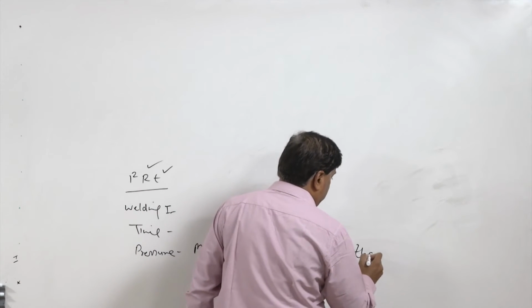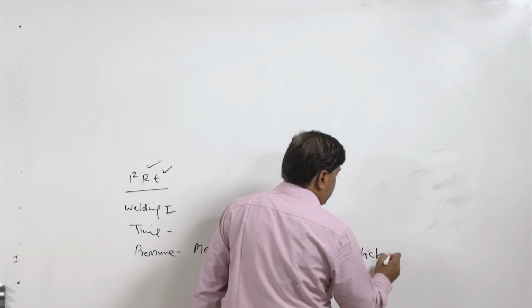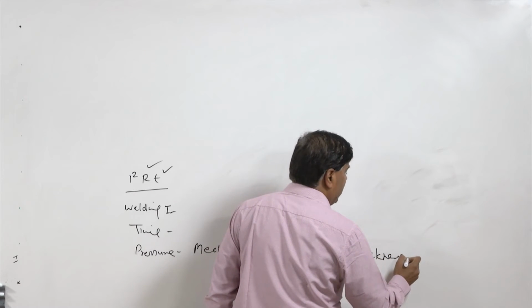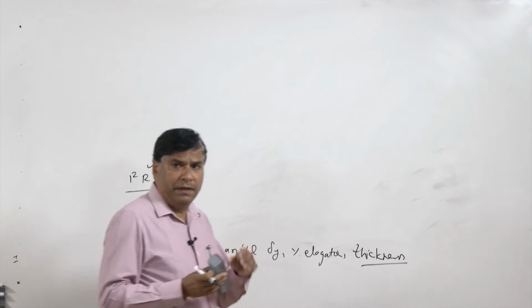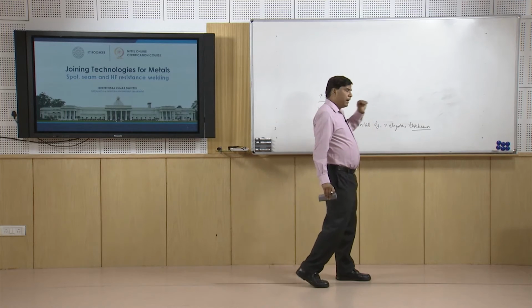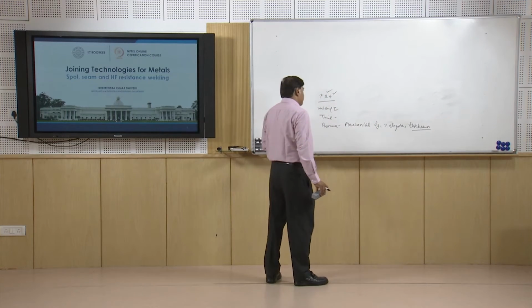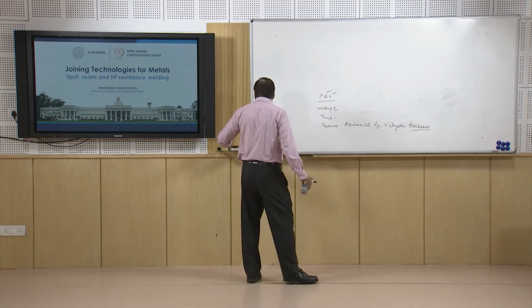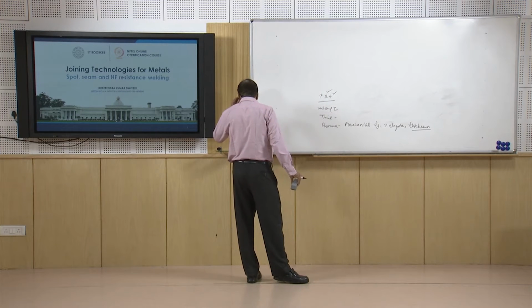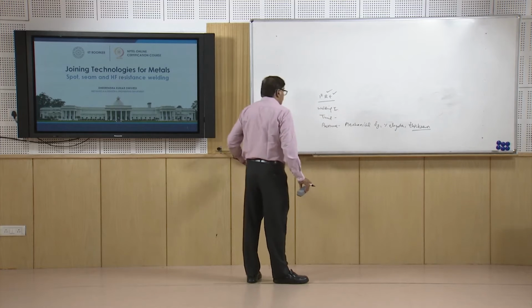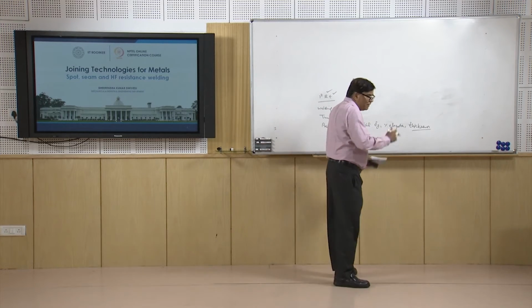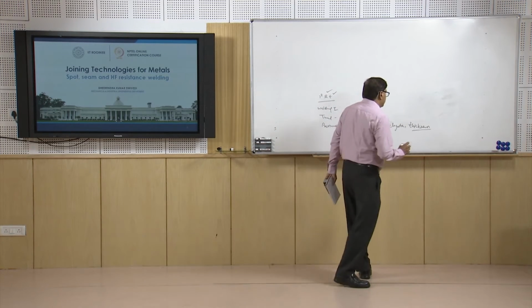Similarly, the thickness of the sheets being welded. Thicker sheets will require more load, heavier pressure, as compared to thin sheets, in order to ensure the desired contact between the workpieces at the faying surfaces or at the interface.